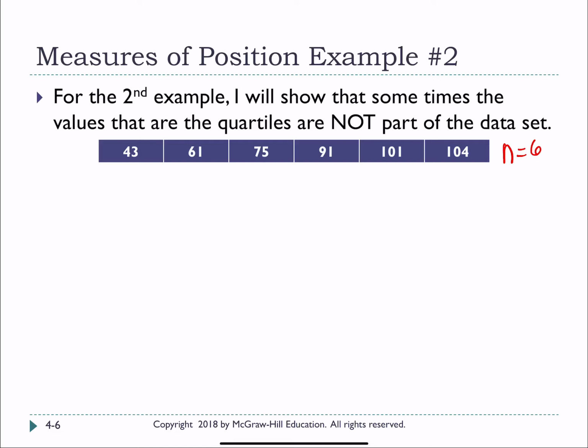And again, my formula is the location of the percentile I'm looking for. Let's just do quartile 1, so the 25th equals N plus 1 times P over 100. Okay, and so when we're plugging this in, we have 6 plus 1.